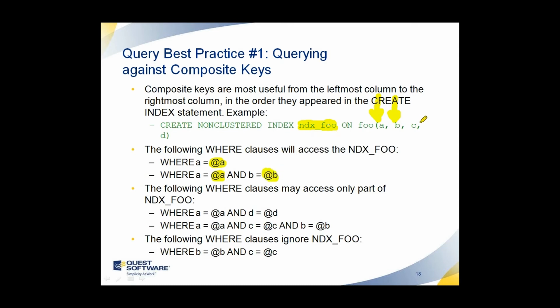But if I go beyond that, I'm going to have some problems, and let me explain. If I wrote a query that accessed column A, and none of the other ones until we got to column D at the end, it would only be able to use the part of the index that relates to A. The index is composed of all 4 of these columns, and it can't find the data all the way down to the 4th column because we skipped B and C.